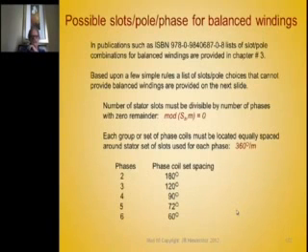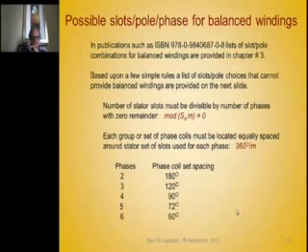Now, here's a book here that lists all the possible slot and pole combinations for different numbers of poles and phases, and that's provided in Chapter 3. But based on a few simple rules, slot and pole choices that cannot provide balanced windings are provided on the next slide.